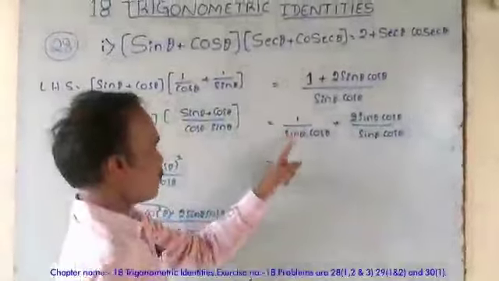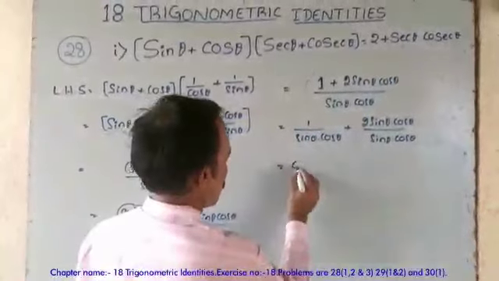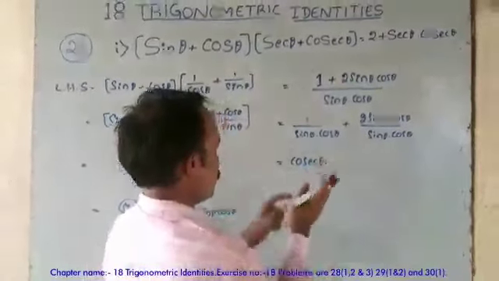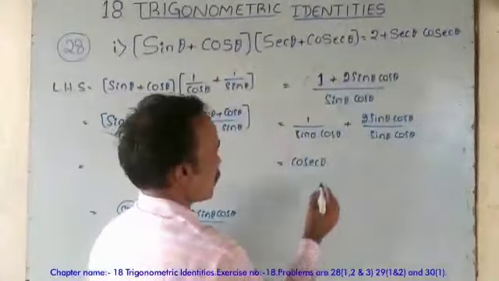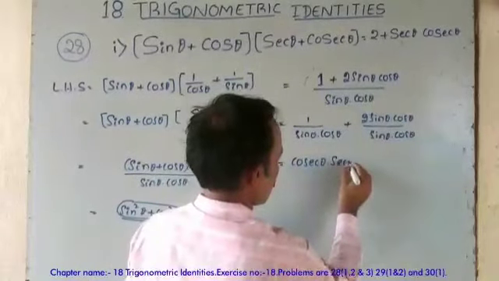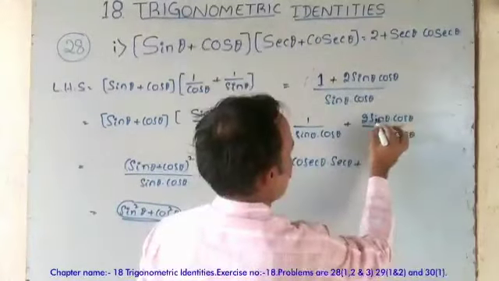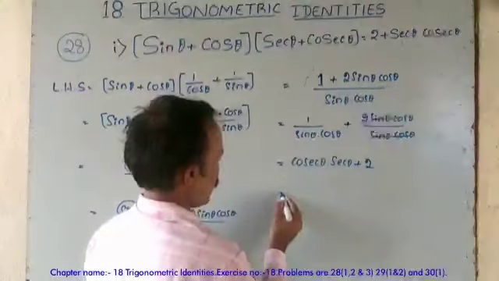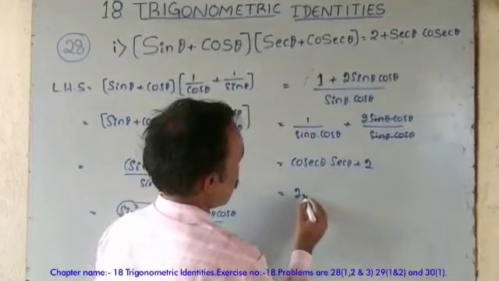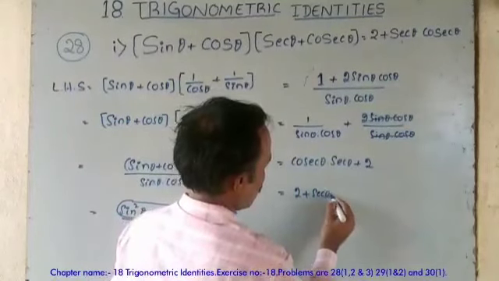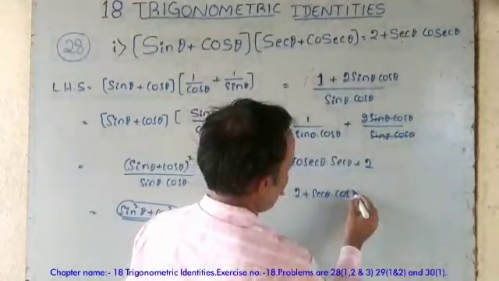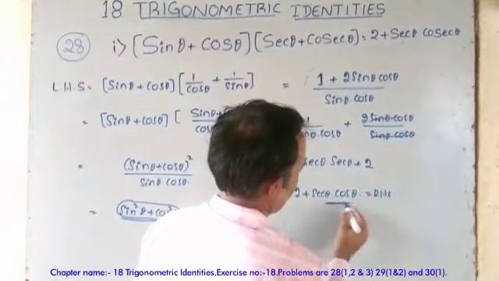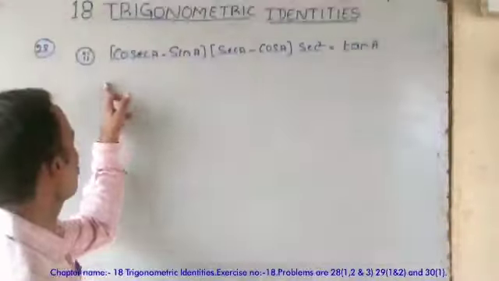So next, 1 by sin theta can be written as cosecant theta, 1 by cos theta can be written as secant theta, plus sin theta cos theta cancels. So it is 2 plus secant theta into cosecant theta. So this is the method. 28.